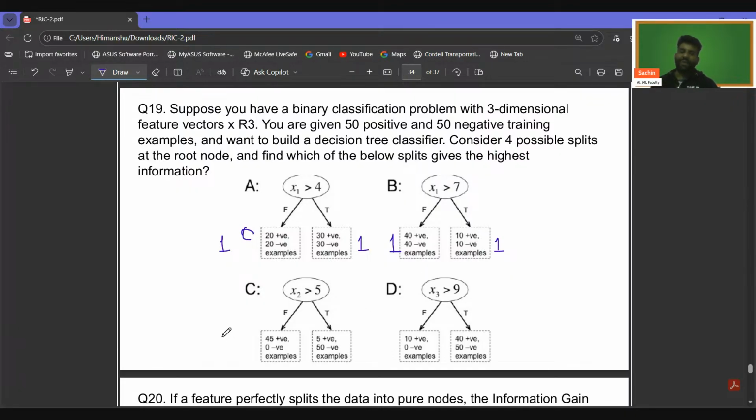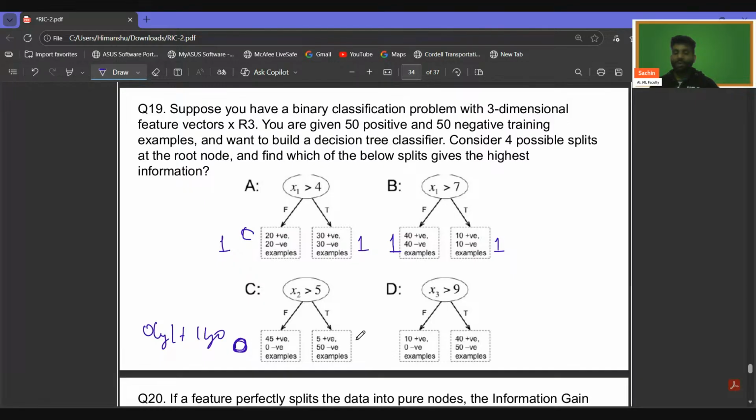What about this one? What should we be getting over here? Yes, we'll be getting an entropy of 0 over here. Why? Because it's 0 log 0 plus 1 log 1 kind of a thing, so in this case we'll have entropy 0.